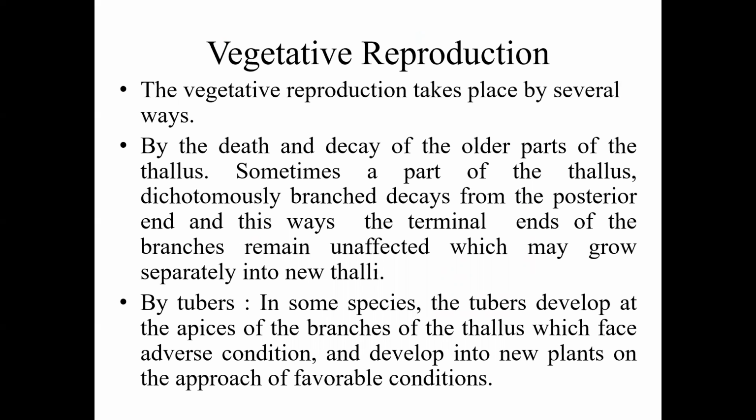Then vegetative reproduction. The vegetative reproduction takes place in several ways. First, by the death and decay of the older parts of the thallus. Sometimes a part of the dichotomously branched thallus decays or separates from the posterior end, and in this way the terminal end of the branches remains unaffected, which may grow separately into a new thallus.